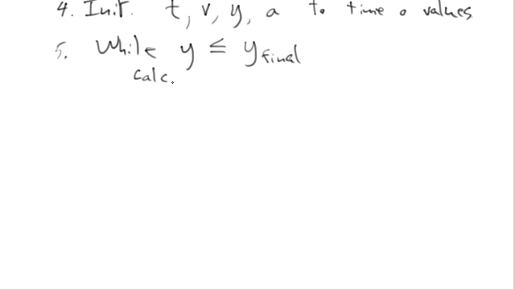Ooh, I think I want to bump. I think I'll call this step 5, set n equal to 1.